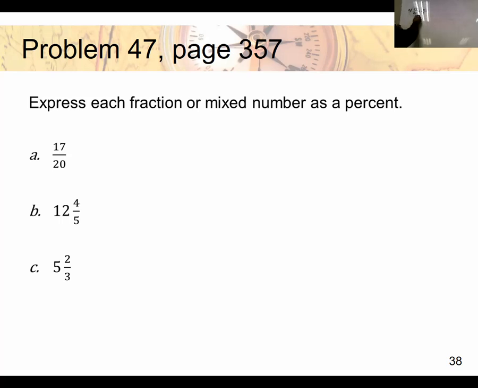Now I think I can do some cross dividing with that 20 and 100, because I know 20 goes into itself one time, 20 goes into 100 5 times. And then I have 17 times 5, which is 85.